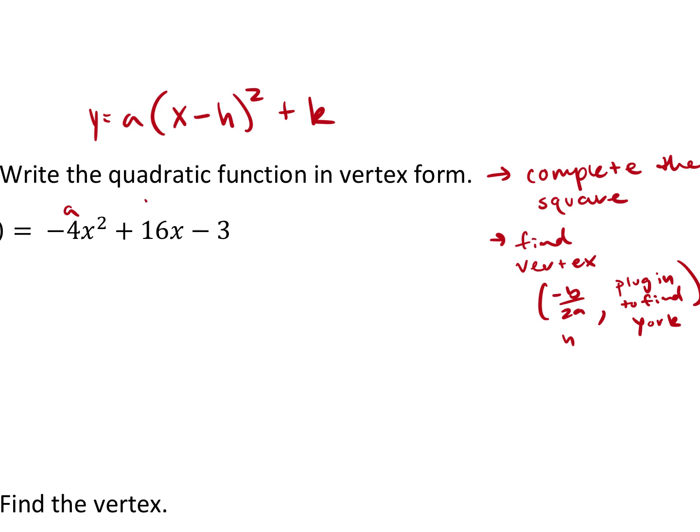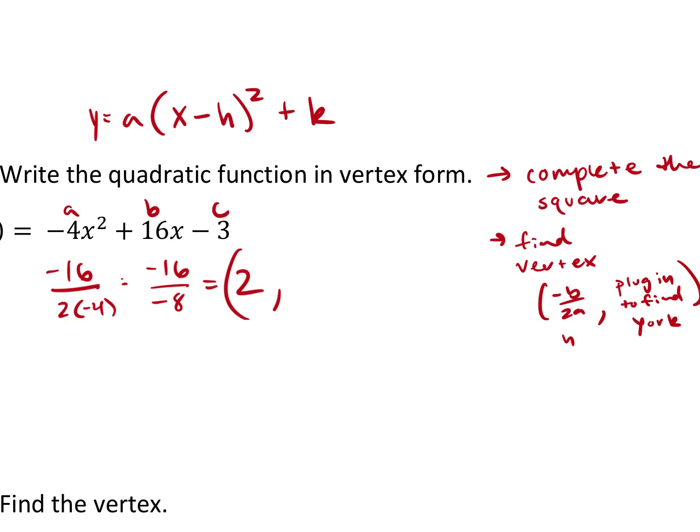So I have a, b, and c as coefficients. So negative b over 2a would be negative 16 over 2 times negative 4. So negative 16 over negative 8, which would be 2. So the h in my vertex is 2.